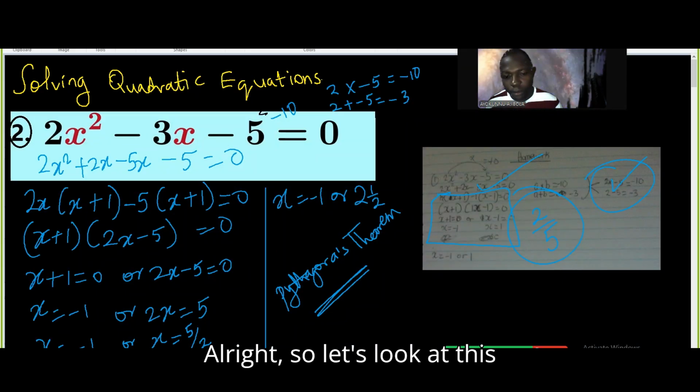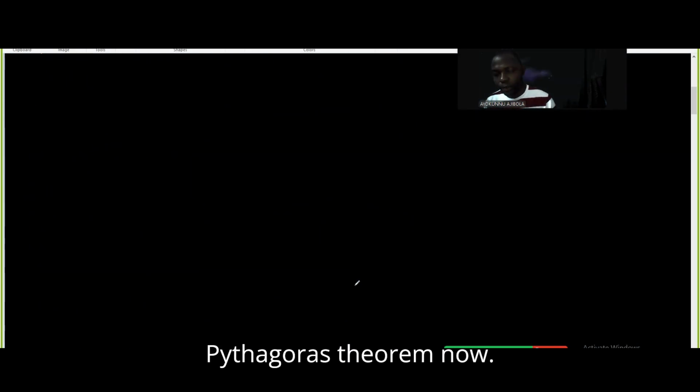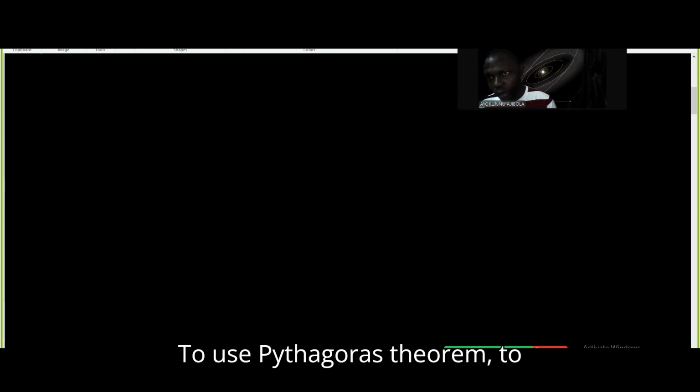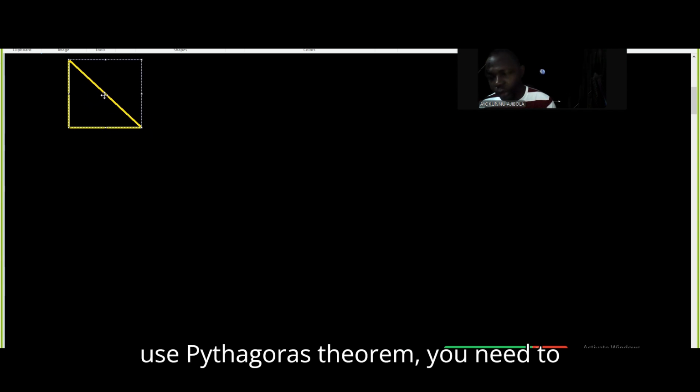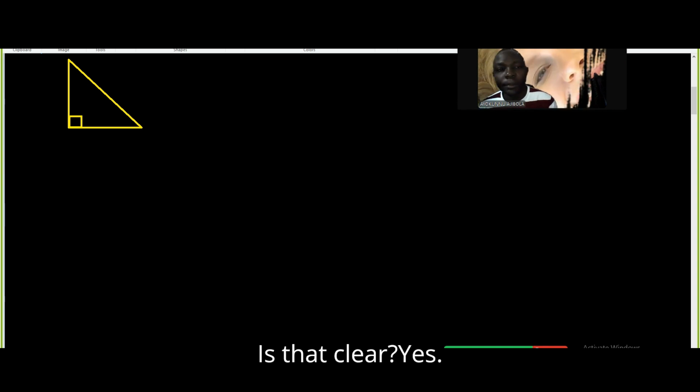All right, so let's look at this Pythagoras theorem now. To use Pythagoras theorem, you need to have a right angle triangle. Is that clear? Yes.